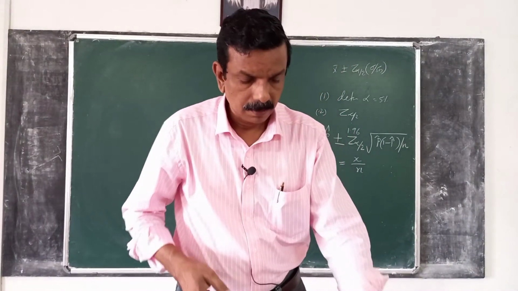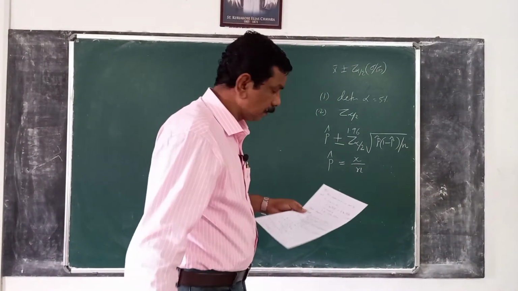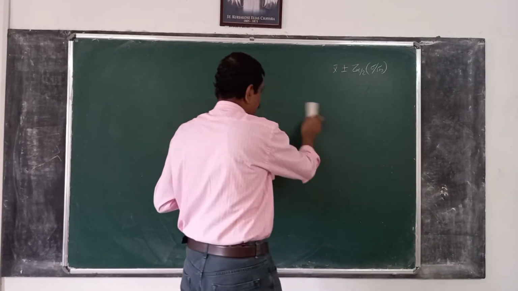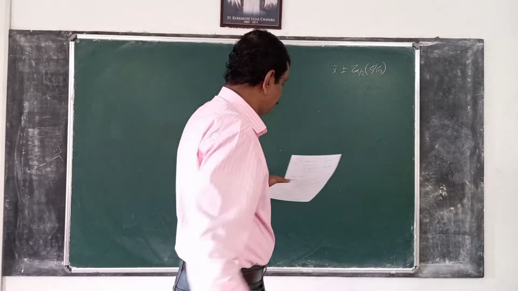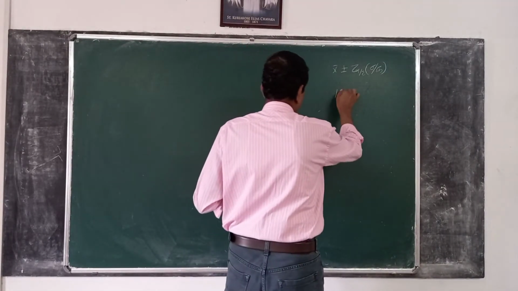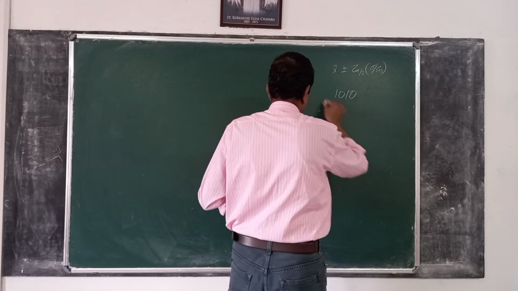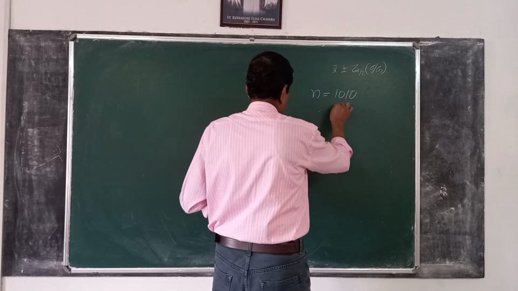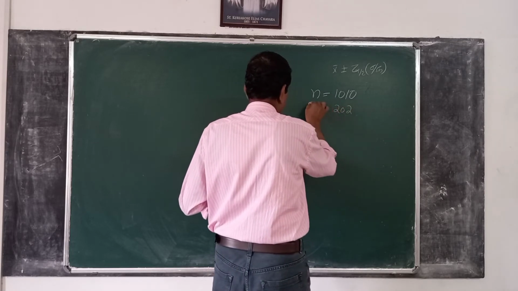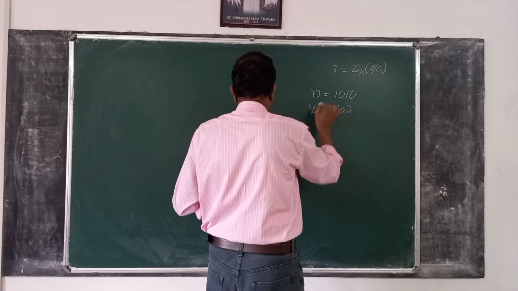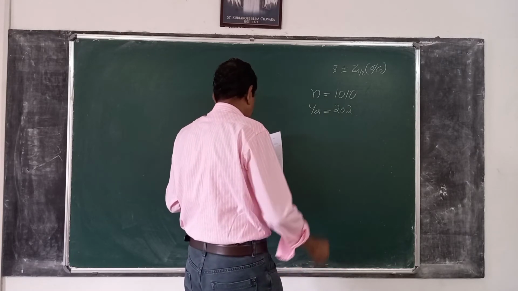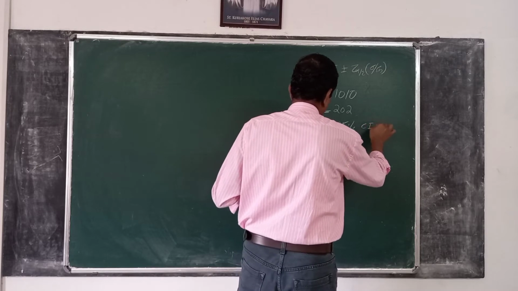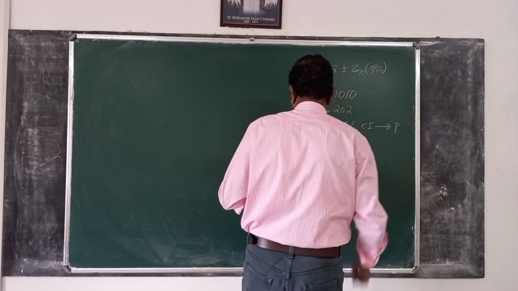Now let me consider an example. In the example of US employees playing hockey, 1010 US employees were sampled, and suppose that 202 said yes. Construct a 95% confidence interval for the population proportion p.